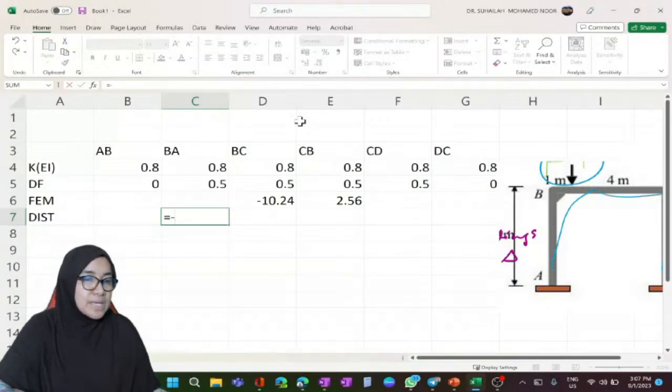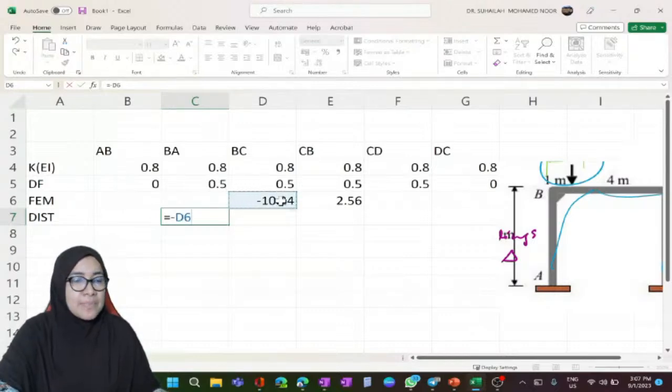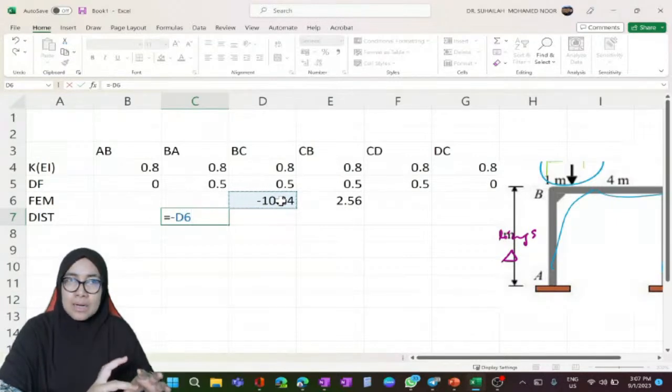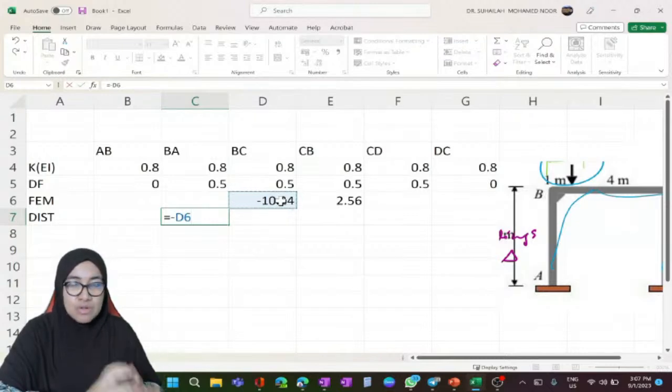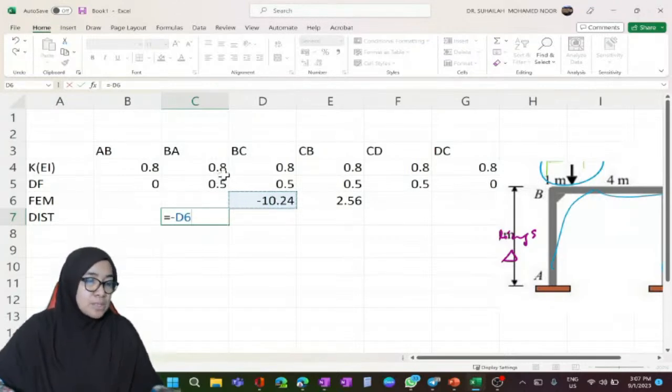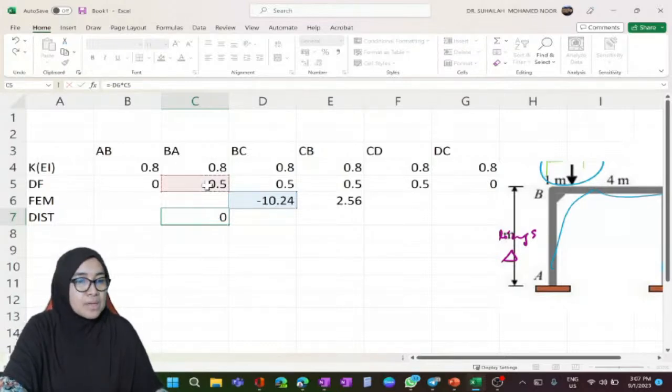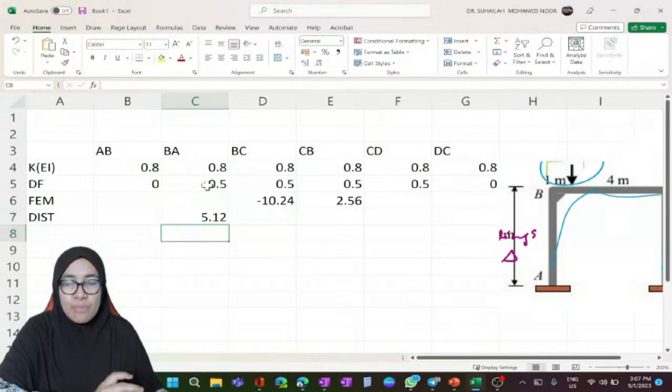So it is 0 plus negative 10.24, determining the joint moment. We multiply with the distribution factor 0.5 and get positive 5.12.